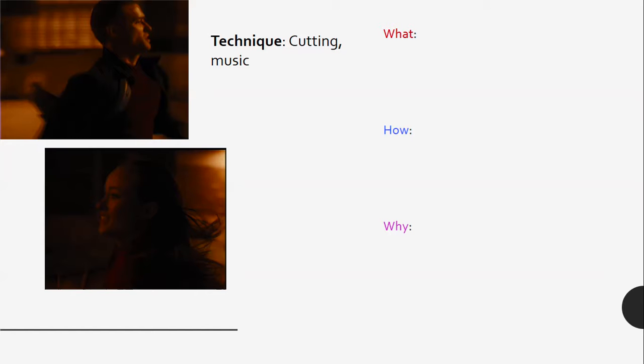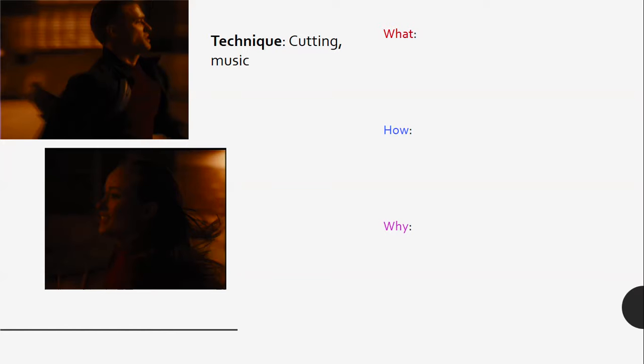It's not hopeful. It's really sad music. So it's giving us this impression that we want her to make it because of the cutting, but that sadness in that music really shows us already that she's not going to make it. She's not going to reach him because of that sadness of the music. It's not hopeful. It's very sad.